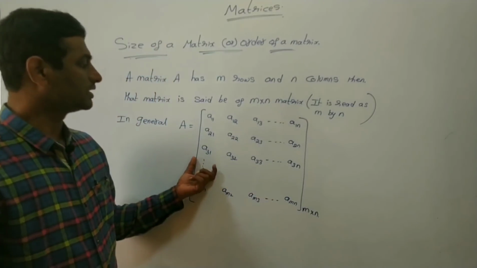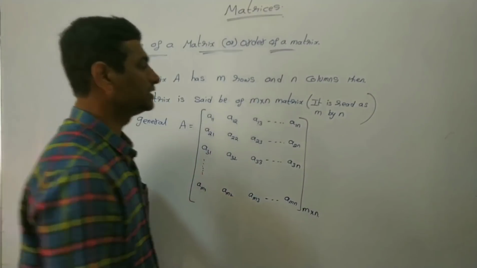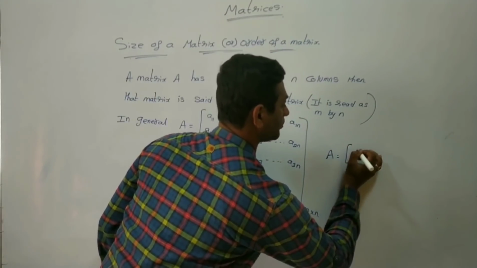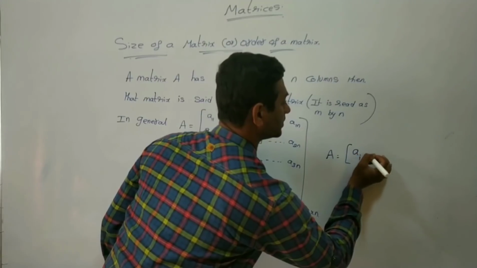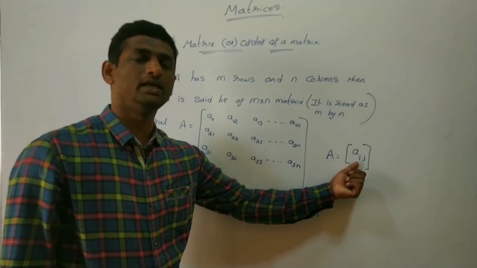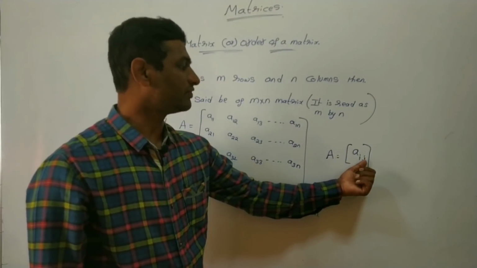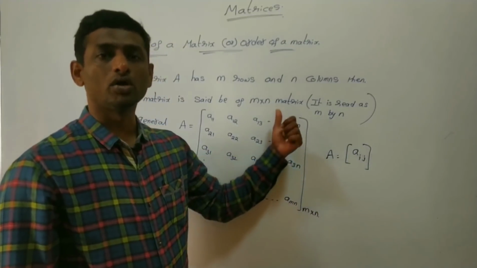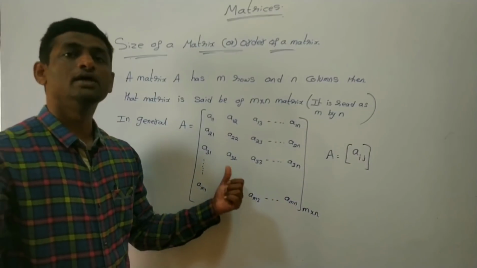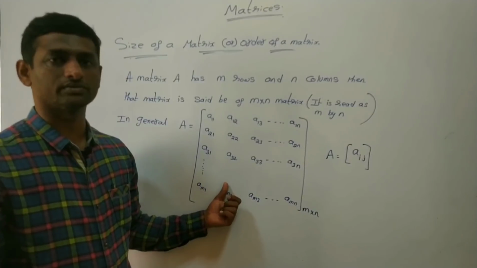So instead of writing this in general form, we can write in short, that is A is equal to Aij, where the first suffix i indicates the row position and the second suffix j indicates the column position, because every element has a different, unique position.